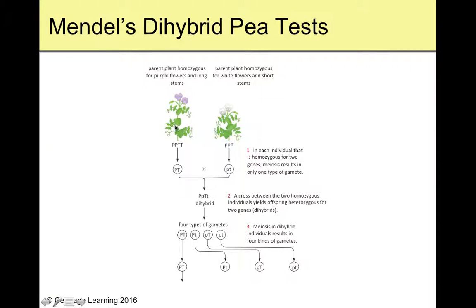And so here we have the dihybrid P test, a tall purple flower, a short white flower, and then we get the parents. I'm sorry, these are the parents. We get the children, F1, heterozygous for both traits. That can make 4 types of gametes.